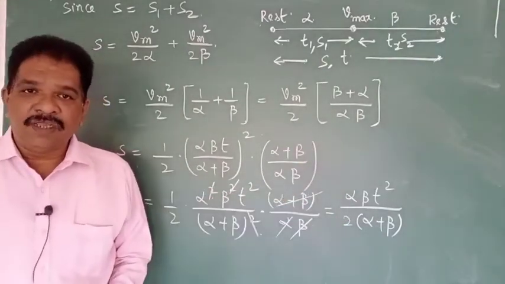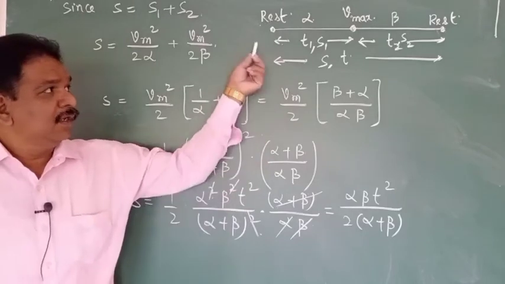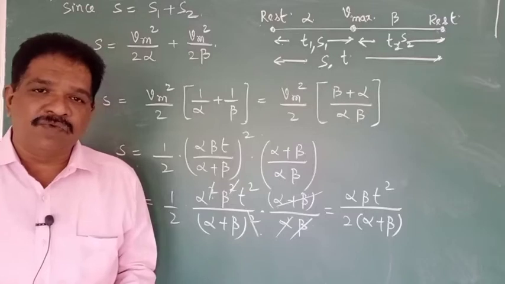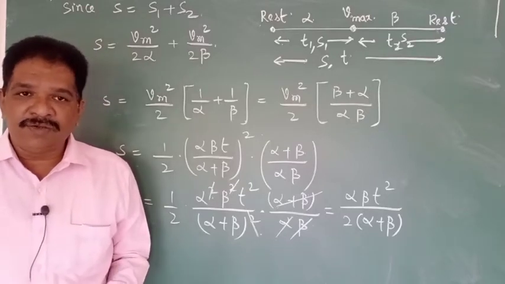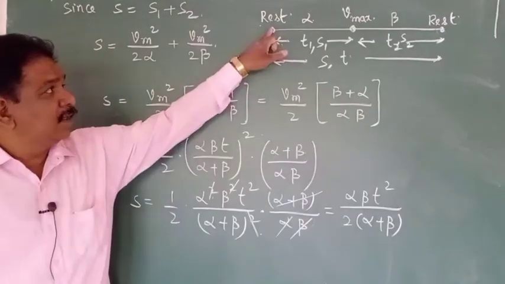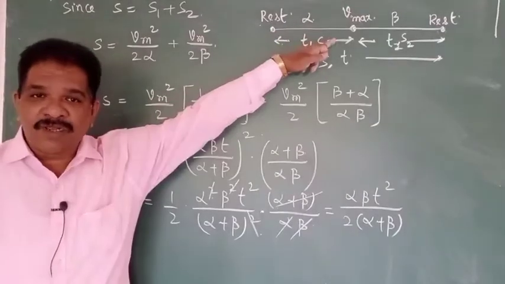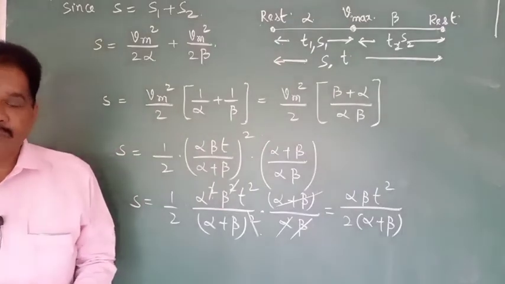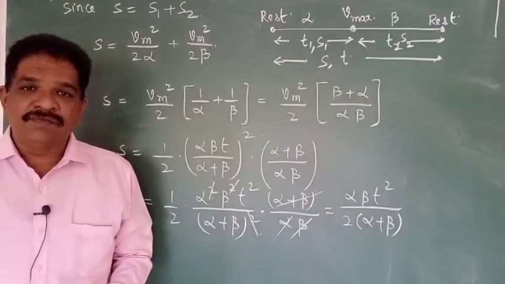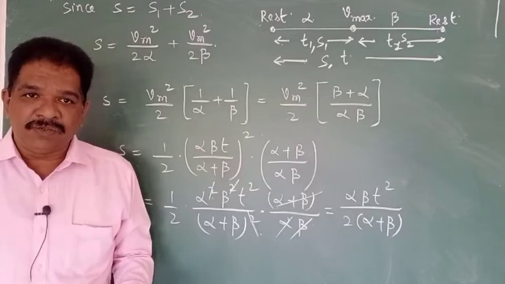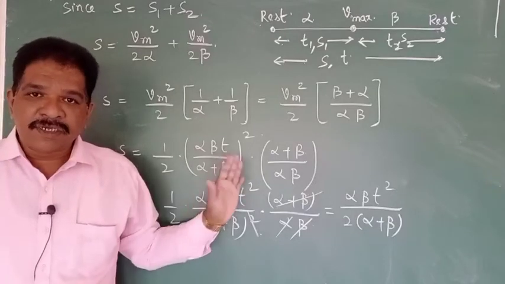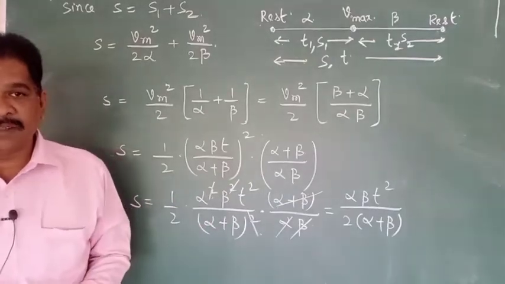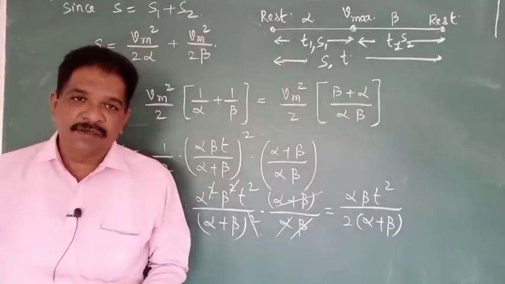Next, for average velocity, we have to take initial velocity plus maximum velocity by 2. Minimum velocity is 0, maximum velocity is Vm. So 0 plus Vm by 2, the average velocity will be Vm by 2. Shortcuts will be there. Totally 5 shortcuts are there in horizontal motion.